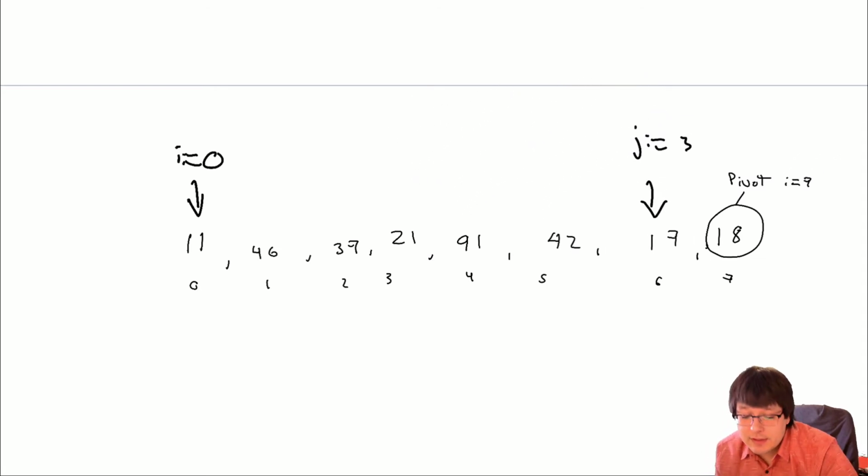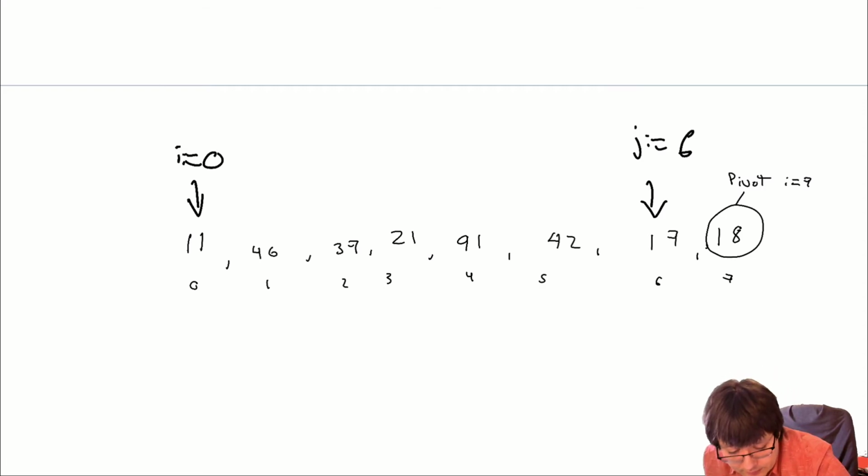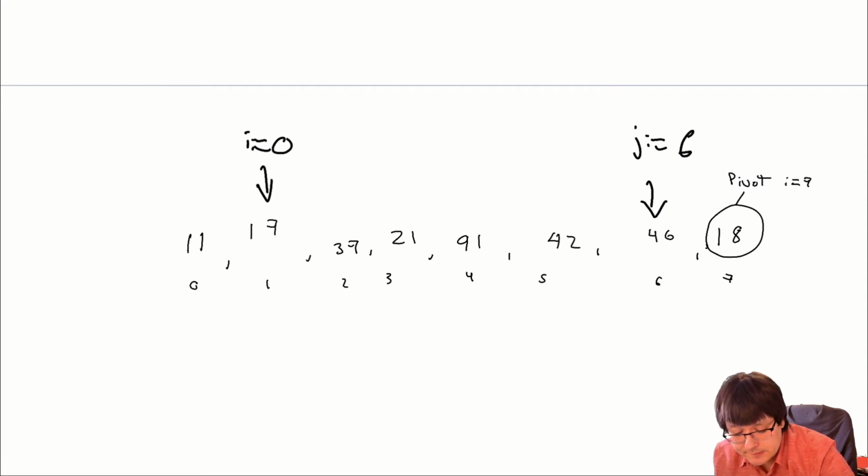Finally, we find that 17 is smaller than the pivot. So again we swap that with I plus 1, which is the next number that is bigger than the pivot, and I increases by 1.